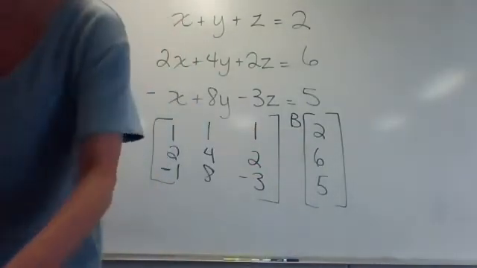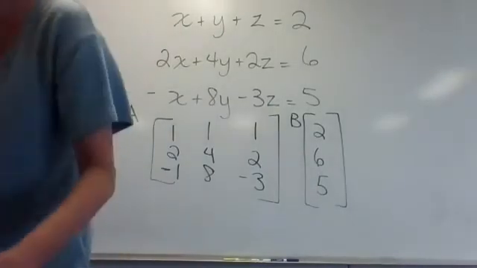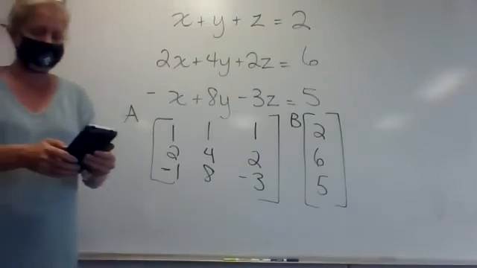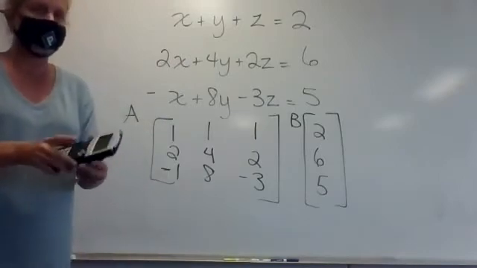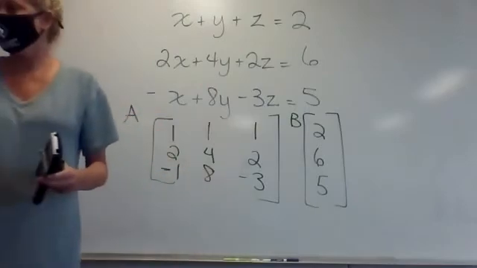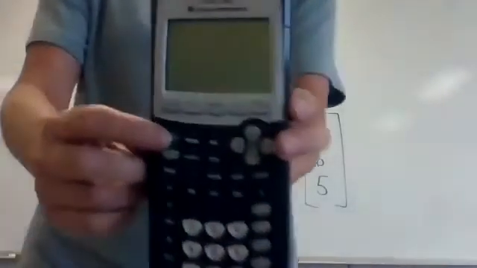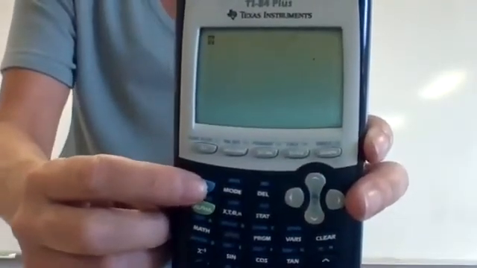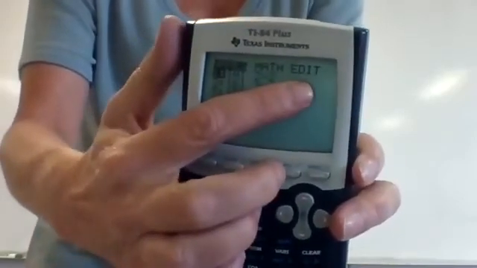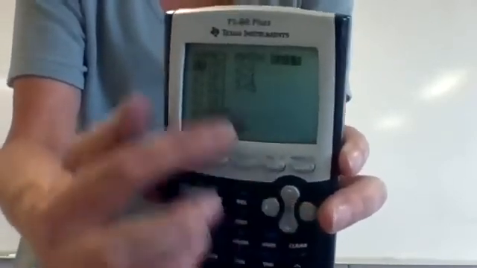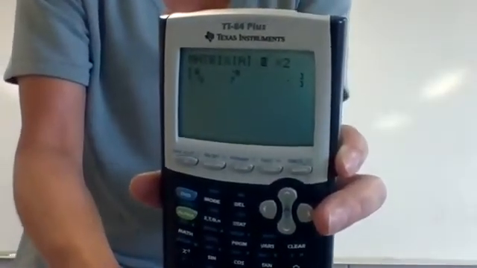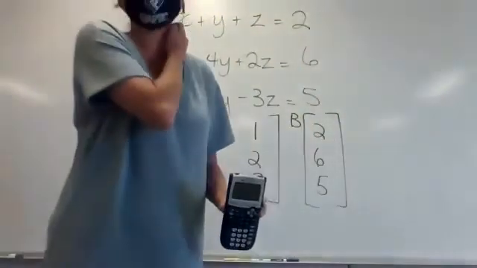Okay, so I'm going to put these two matrices into my calculator. So, clear. I'm editing matrix A. I'm making a new matrix A. So second, matrix, make sure you go over to edit, right? So over to edit, matrix A. Now remember, the last ones were 2 by 2s.